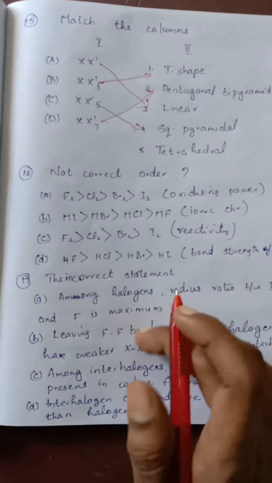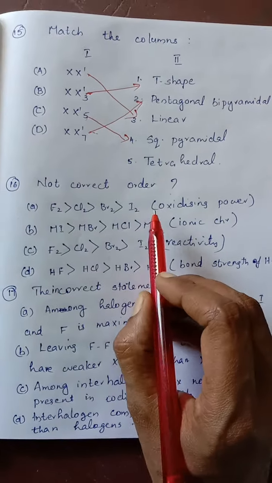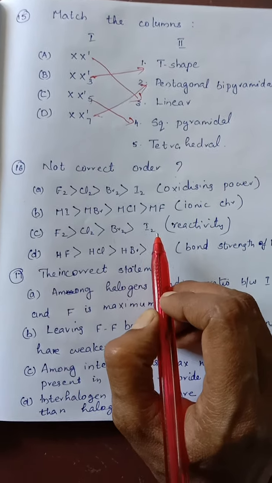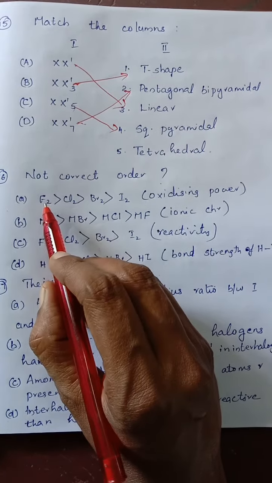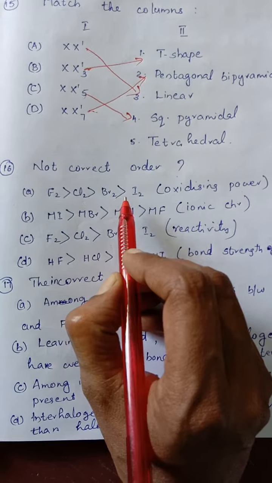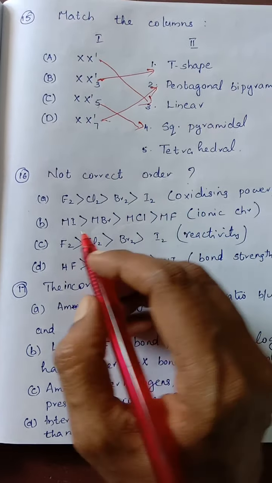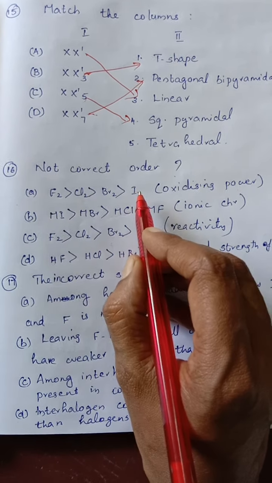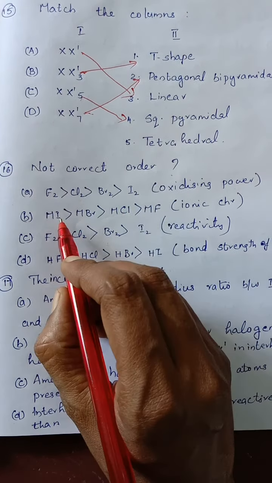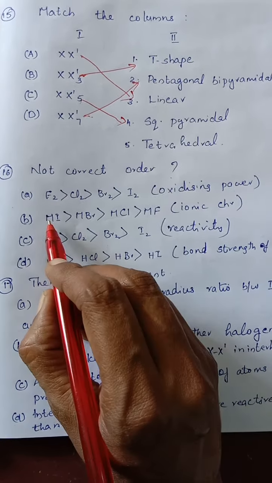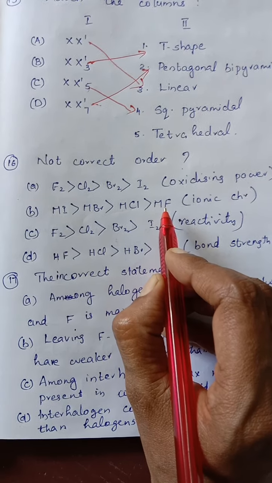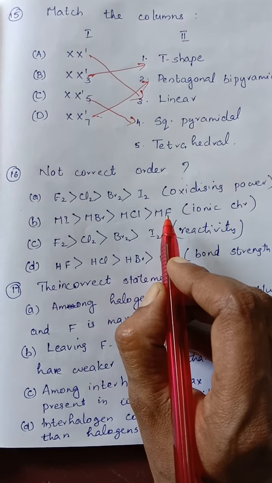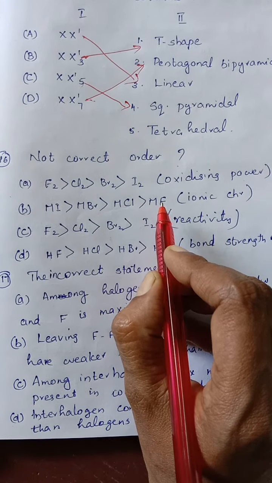The not correct order, that is the wrong order of the property indicated in the bracket. First one, oxidizing power, fluorine greater than chlorine greater than bromine greater than iodine. This is correct. Oxidizing power greatest for fluorine, weakest for iodine. Ionic character, it is given the order. Ionic character, we know Fajan's rule.